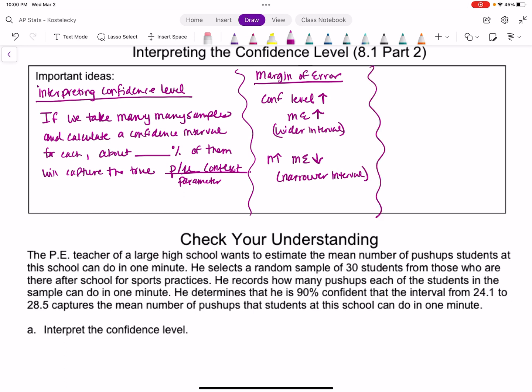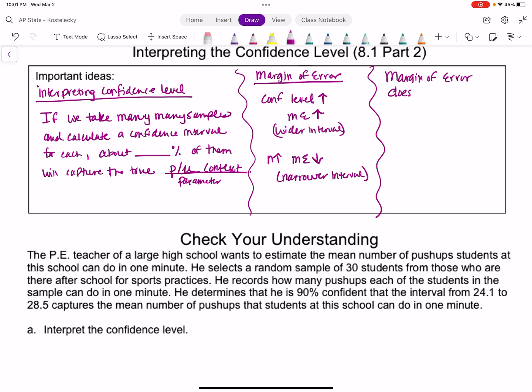Last section here of our notes. So margin of error, oh, I lost my pen, excuse me. Oh, shoot, sorry. I want to word this differently.